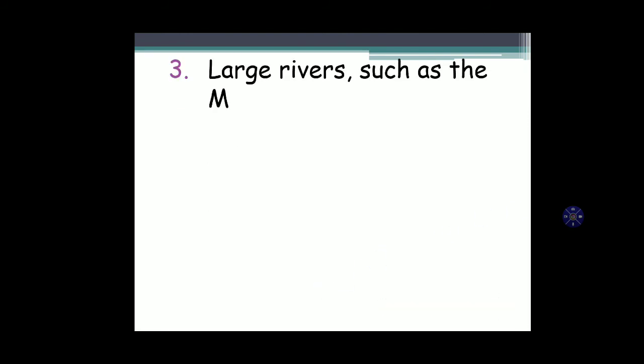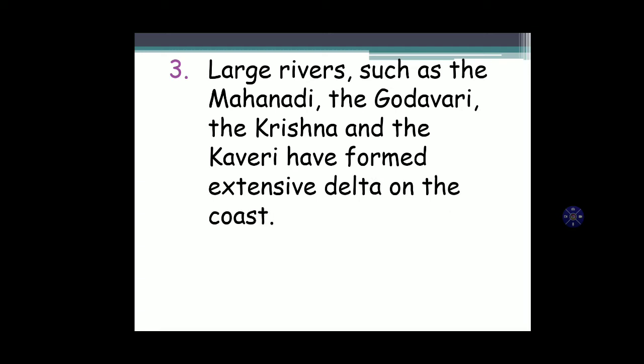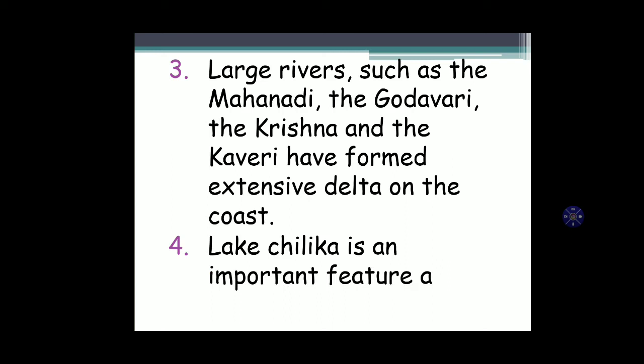Large rivers such as the Mahanadi, the Godavari, the Krishna, and the Kaveri have formed extensive deltas on the coast. Lake Chilika is an important feature along the eastern coast. Do you know, Chilika Lake is the largest saltwater lake in India and it lies in the state of Odisha to the south of the Mahanadi Delta.